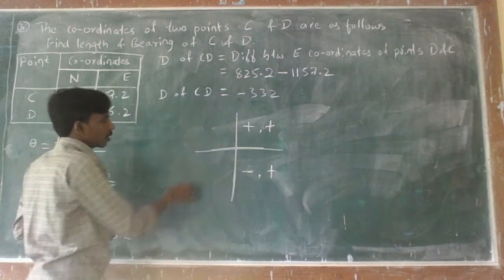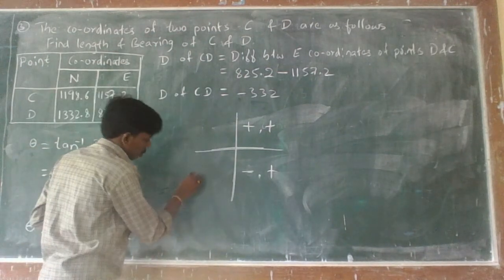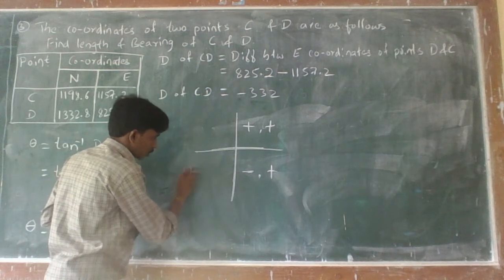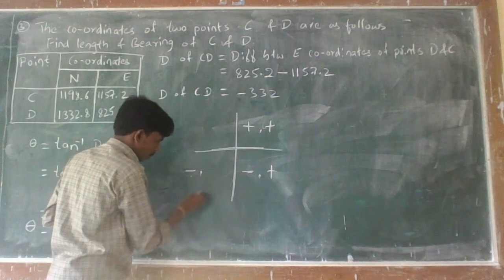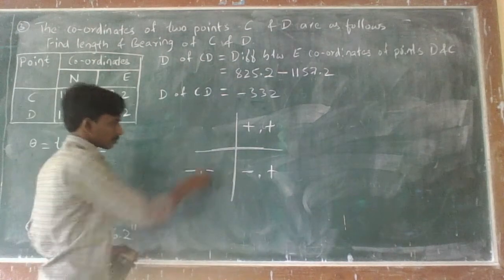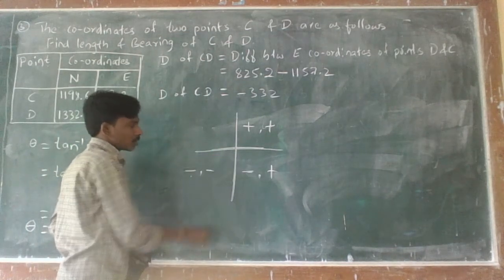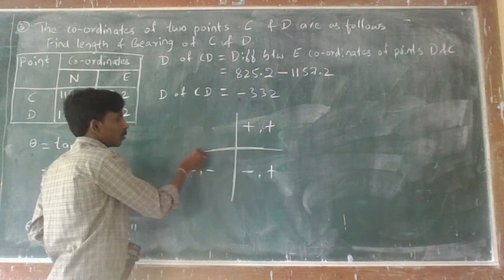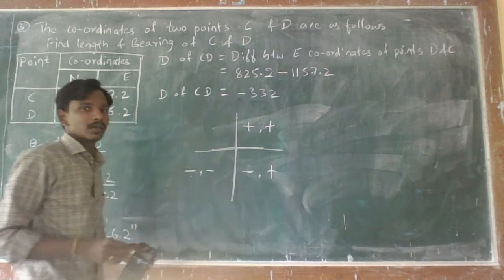Now here in the third quadrant, both the latitude and departure will be negative, because latitude will be southing and departure will be towards westing.